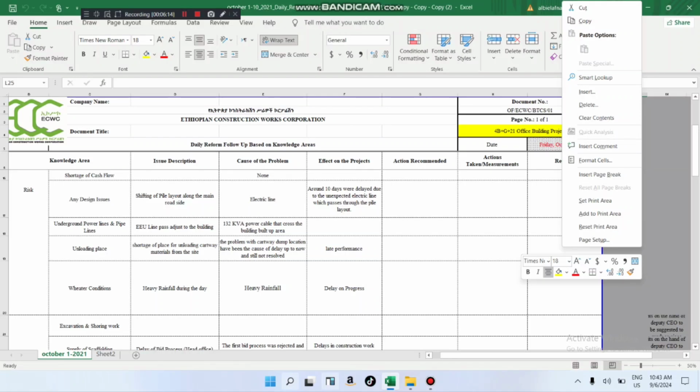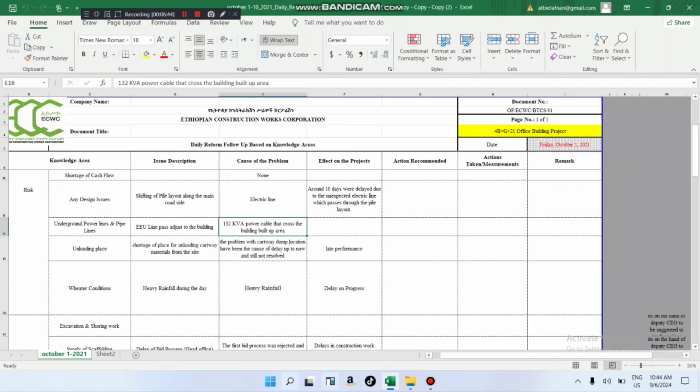The cause of the problem is an electrical line, and the effect on the project will be a delay of 10 days, due to the unexpected electrical line which passes through the pile layout, underground power lines, pipelines. And you can check the cause, the effect, the issue, and then the recommended action.